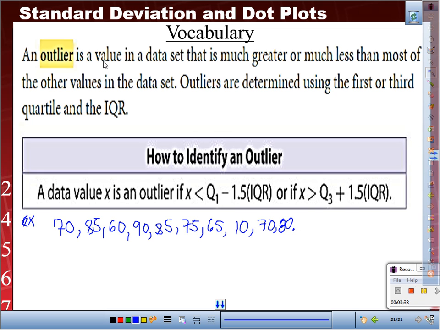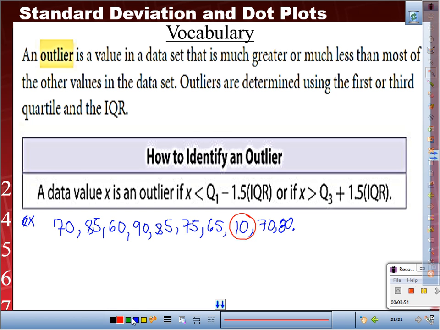So, according to the definition of an outlier, it says a data value which is much greater or much less than most of the values. So which one of these is much greater or much less? The 10. So then the outlier here would be 10.